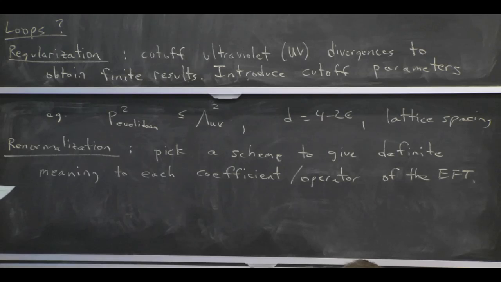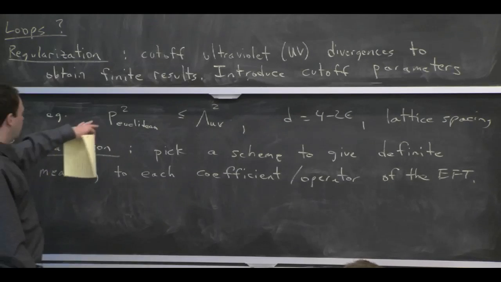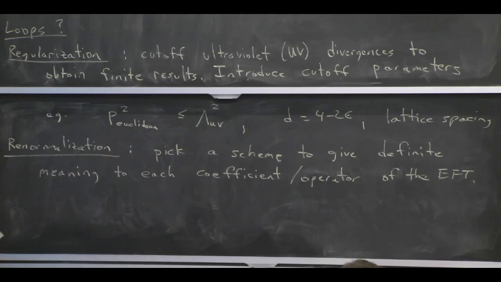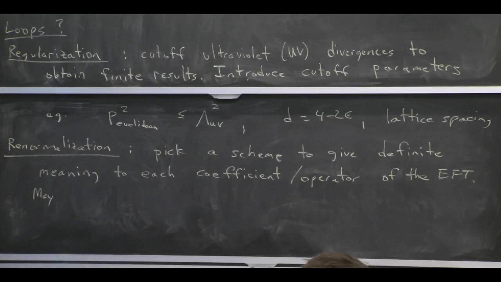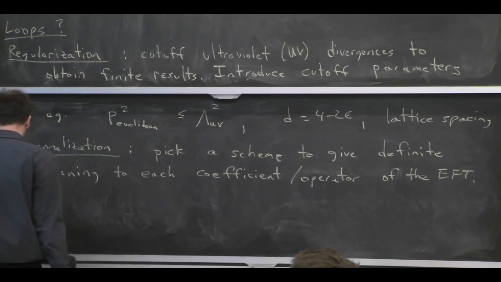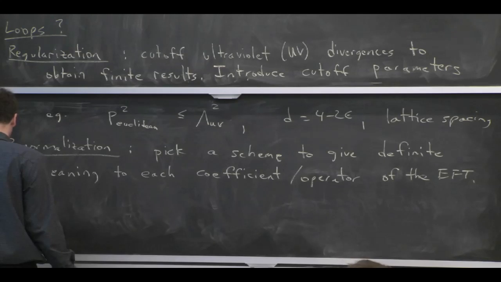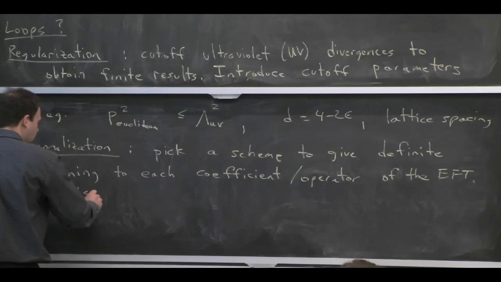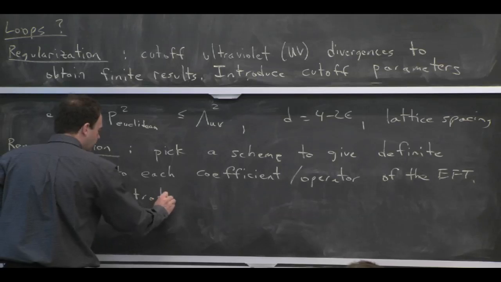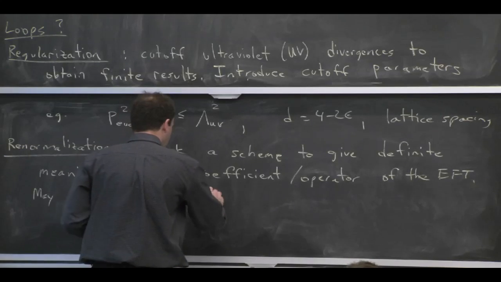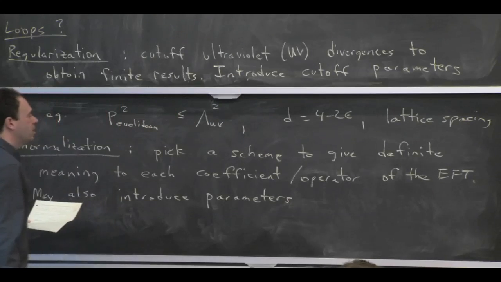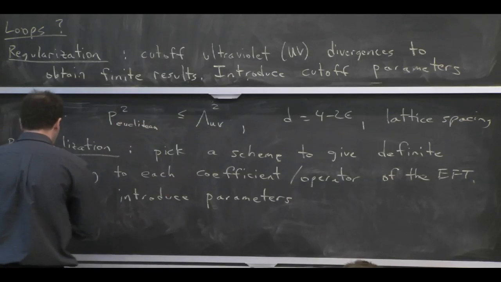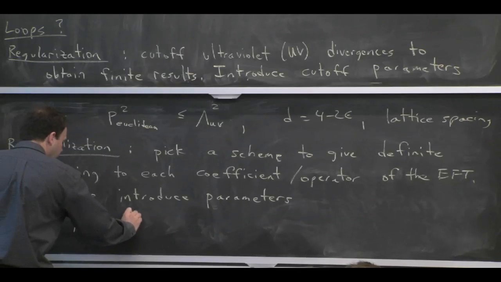If we didn't have a renormalization procedure, then because of the ultraviolet divergences, there would be ambiguities in how we define the coefficients and the operators. Or even if you don't have ultraviolet divergences, you still have freedom to pick different schemes for the definitions of the coefficients. And when you do this, you also can introduce parameters. So you can get parameters from regularization. You can also get parameters from this. So some examples that are familiar.